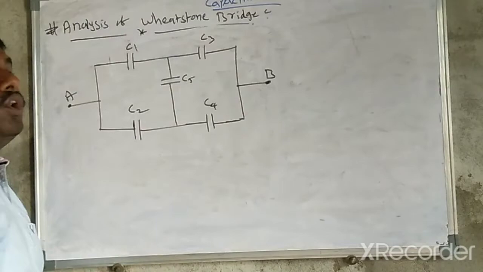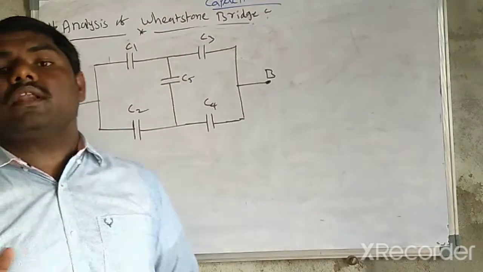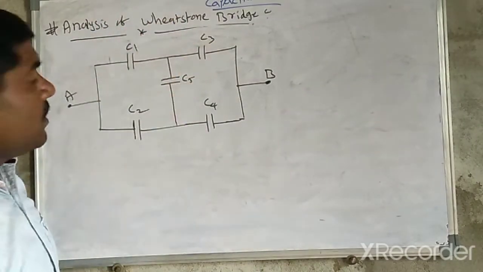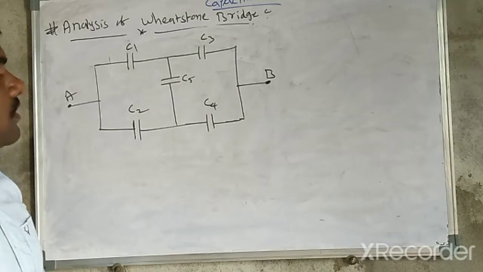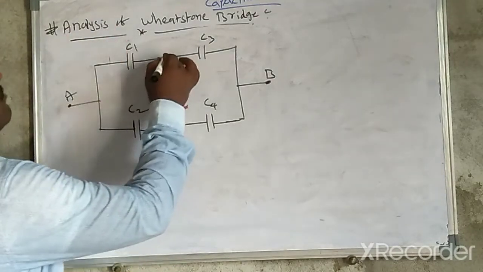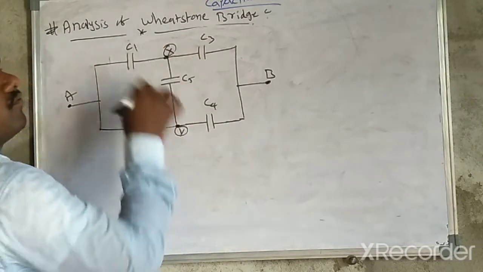So here no capacitors are in series or parallel combination. So don't say C1 C3 are in series and C2 C4 in series, and then these are in parallel, because here there is one more potential X, and another two different potentials.